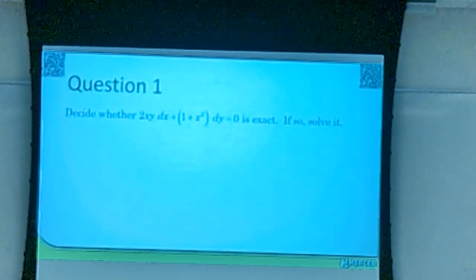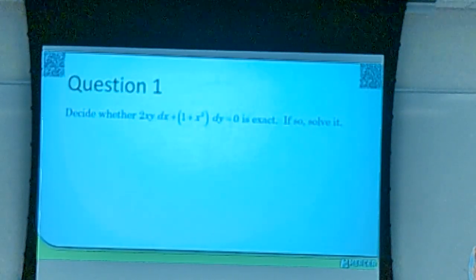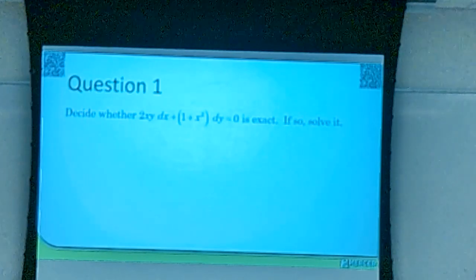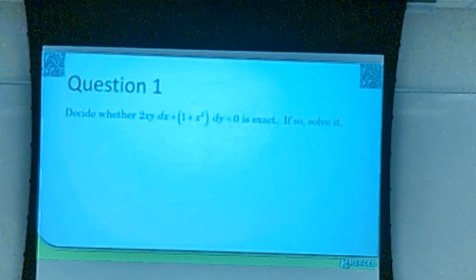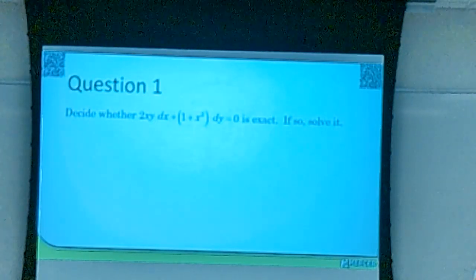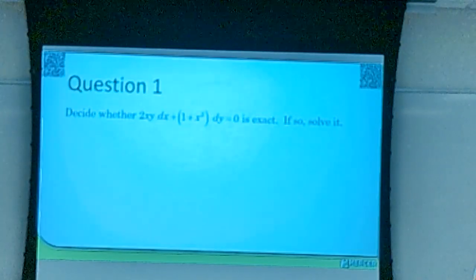I believe for all of these, we're going to determine if it's exact and solve only those that are. Now, there is a way to make certain equations exact using an integrating factor, a different integrating factor than for linear. That is covered in section 2.4, I believe, which is part of the substitution stuff.